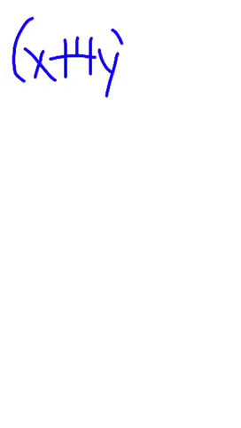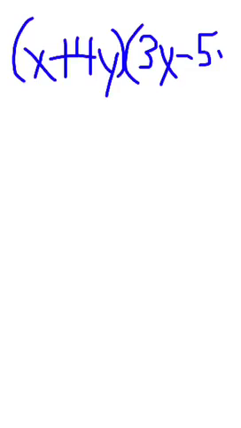Let's say we have the problem x plus 4y times 3x minus 5y. Again, you can use the FOIL method or the distributive property. What I did was multiply x times 3x first of all.